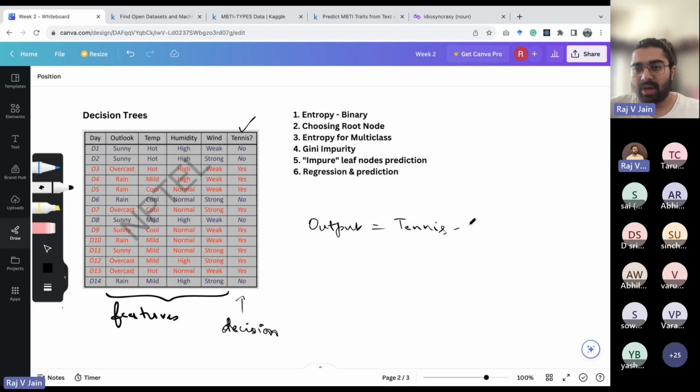And this can take two values, that is yes or no, right? So should you play tennis or not play tennis? Now we want to know the entropy of the data set that I have here. Let's say I'll call this set D. So what is the entropy of the data set D in terms of this tennis variable? How do we calculate something like this?